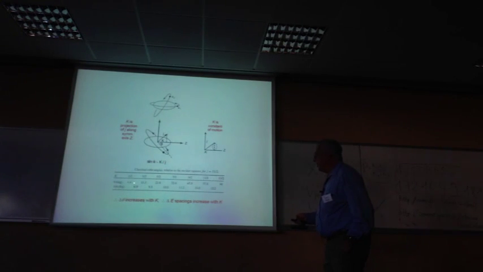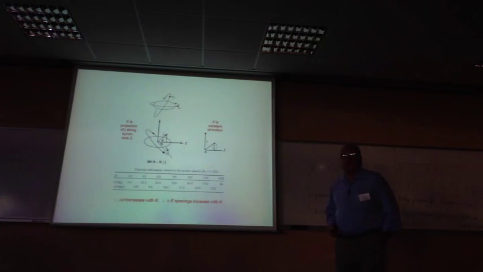And down here I have the differences between adjacent angles. What you see is that K equals 1/2 corresponds to an angular momentum going like this, and K equals 3/2 is an angular momentum at a slightly larger angle, and so on. The changes in angle for low K are very small, and the changes in angle for higher K are greater.